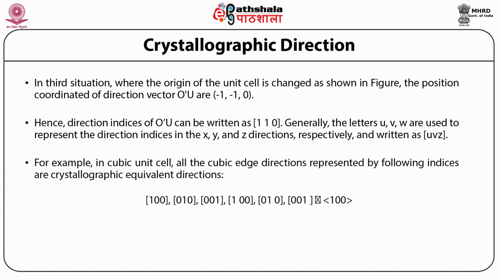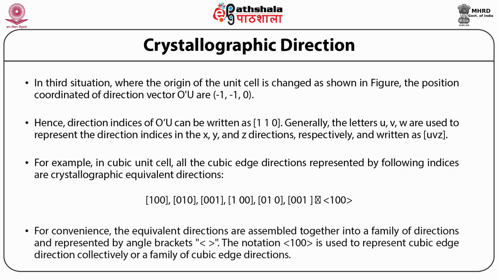For example, in a cubic unit cell, all the cubic edge directions represented by the following indices are crystallographically equivalent directions. For convenience, the equivalent directions are assembled together into a family of directions and are represented by angle brackets.